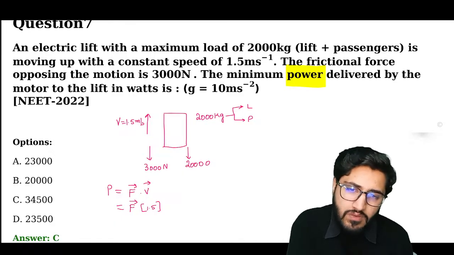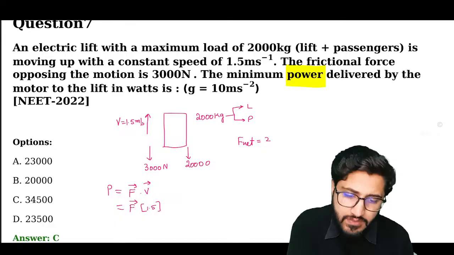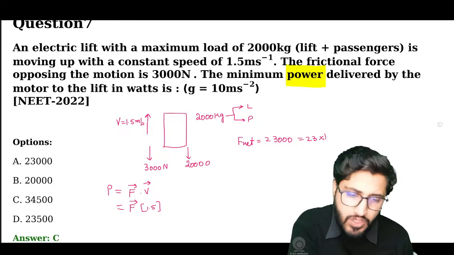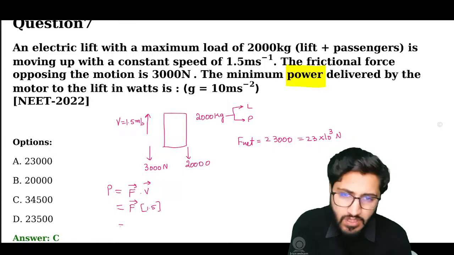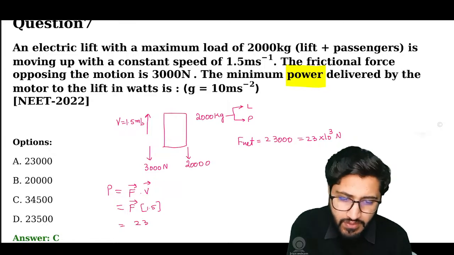So what is the total sum now? F net would be 23,000. I can write 23 into 10 to power 3 Newton. So power is 23 into 10 to power 3 multiplied by 1.5.